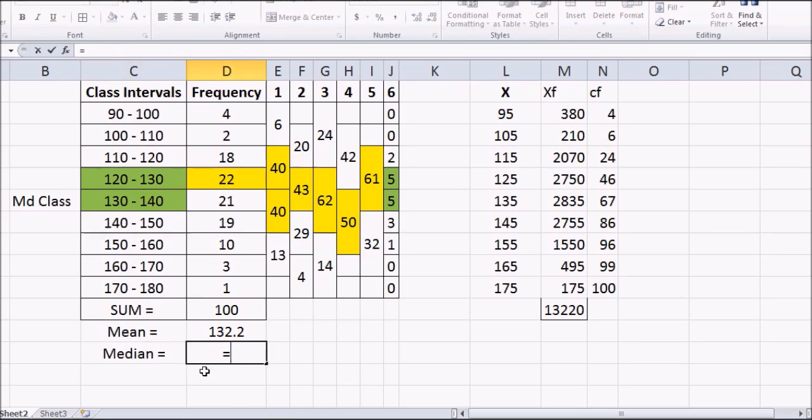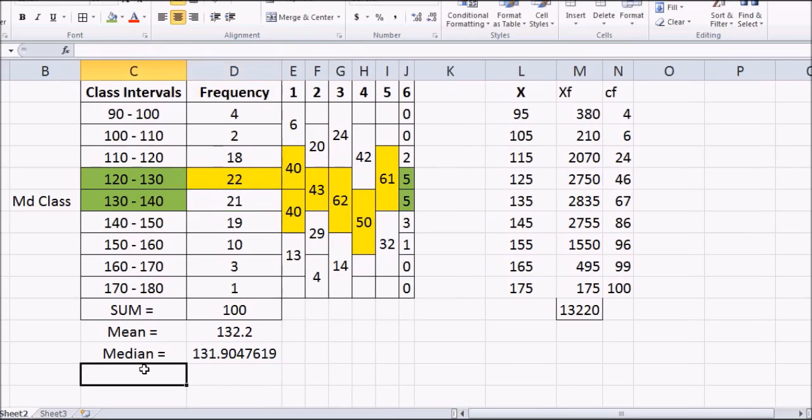It's the lower value of the median class, which is 130, plus n by 2, which is 50 in our case, minus the cumulative frequency before the median class, which is 46, divided by the frequency of the median class, which is 21, and the whole thing multiplied by h, the width of the median class, which is 10. 140 minus 130 is 10. So my median happens to be 131.90476.